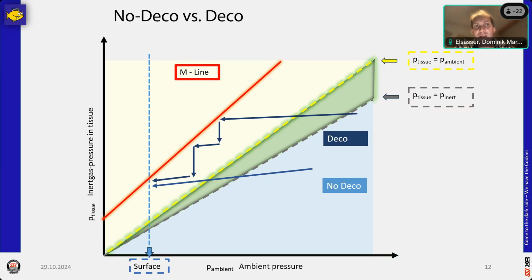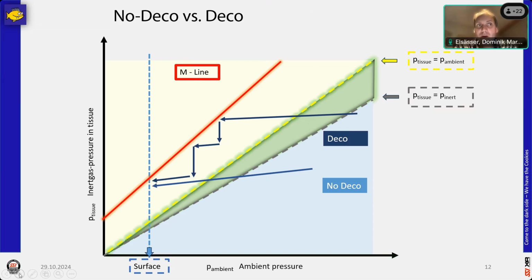And you see, this gives a bit of wiggling room, a bit of headspace here, that we can ascend again a tiny bit. And then again, we would hit this M value line. Okay, we wait another few minutes. We move down, down, down, down, down. And then finally, we could ascend to the surface. And that would be a staged decompression dive in respect to this plot.